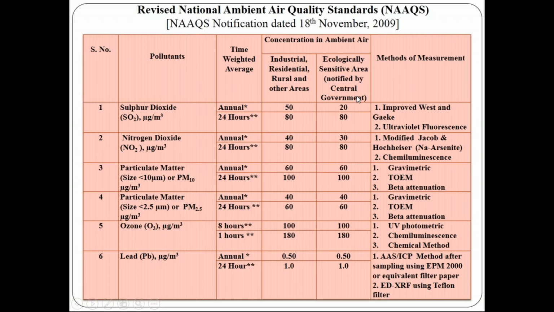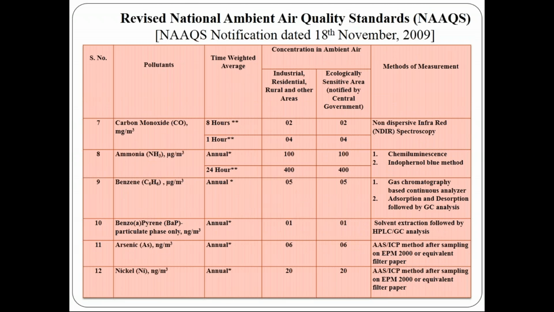These ecologically sensitive areas should be notified by the central government under the Wildlife Protection Act 1972. Also, the method is given, meaning sulfur dioxide can be measured by the improved West and Gaeke method or ultraviolet fluorescence method. This is already provided under this CPCB standard, or ambient standards. We will share the standard also.